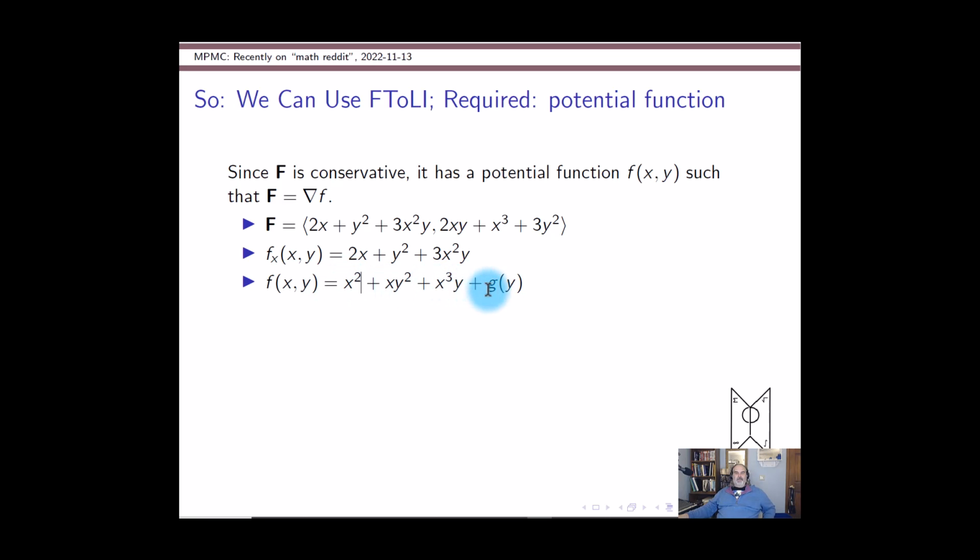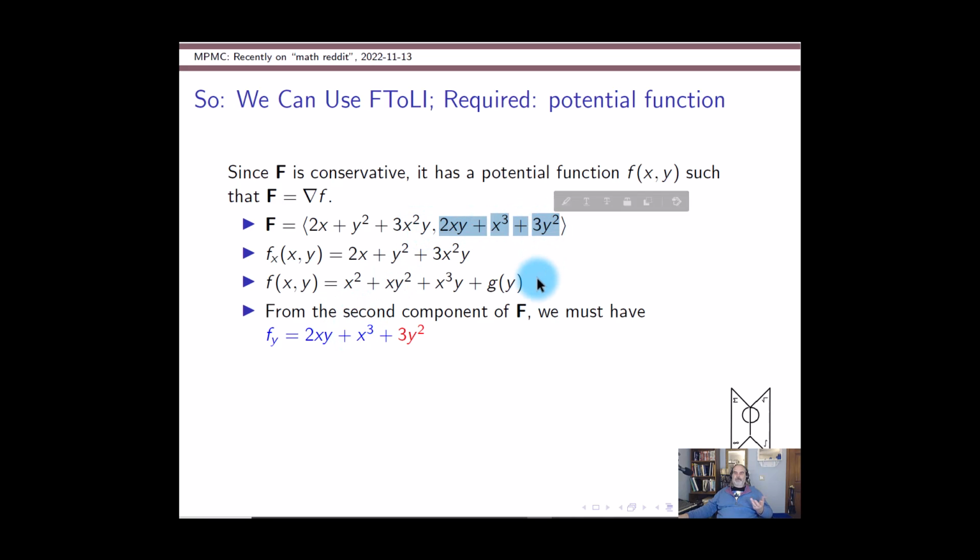Now, how do we figure that out? Well, then we go over to this other component, and remember that whatever potential function we have, this component had better be its derivative with respect to y. So we know just from looking at this component that it has to be the derivative with respect to y of this mystery function we're trying to find.